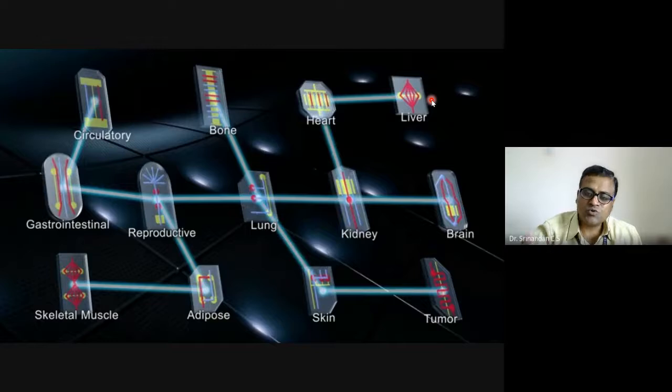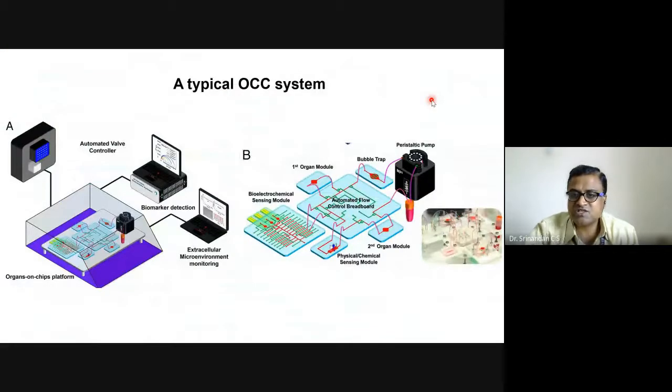And once you grow them, you know the material in which they are there, and the channels in which the fluid can flow. Then if you can mimic the circulatory system, you can put the drug and test its toxicity if possible. This will be the organ on a chip. A typical thing where there will be different circuits like this. Those circuits are the channels.